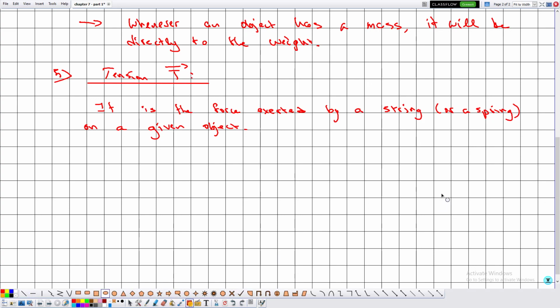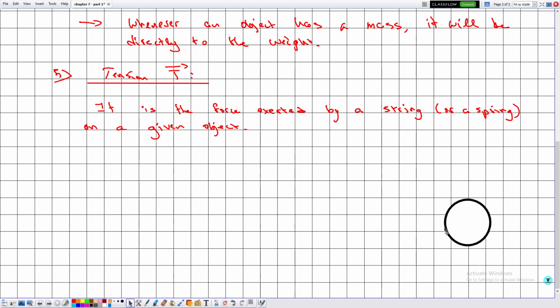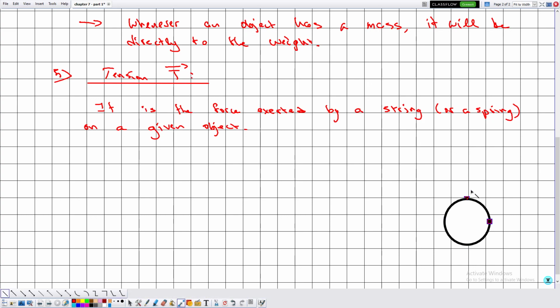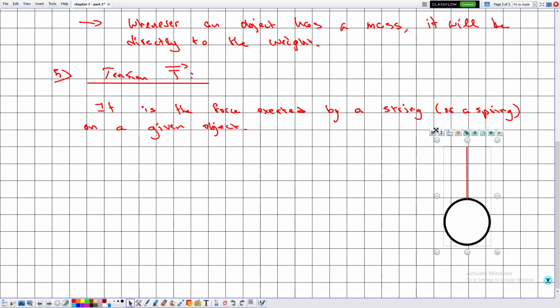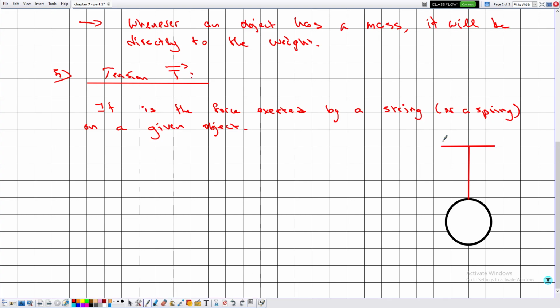Suppose here we have a solid S connected to a string.